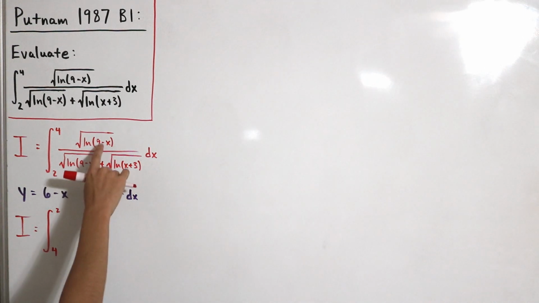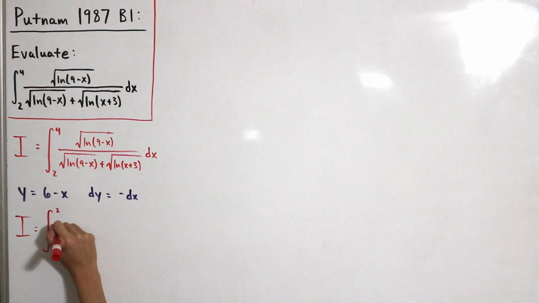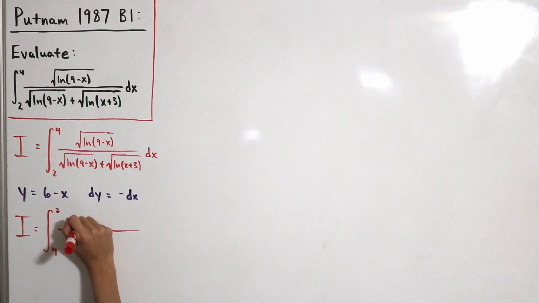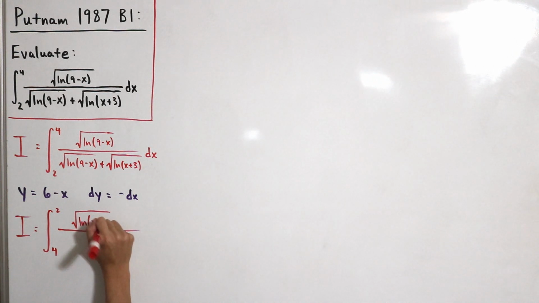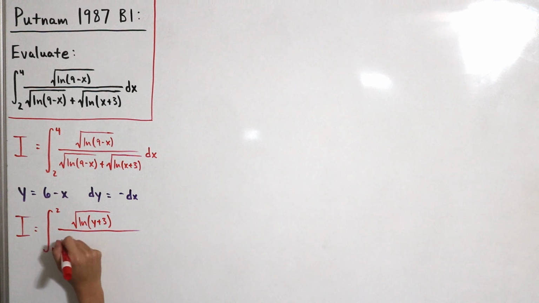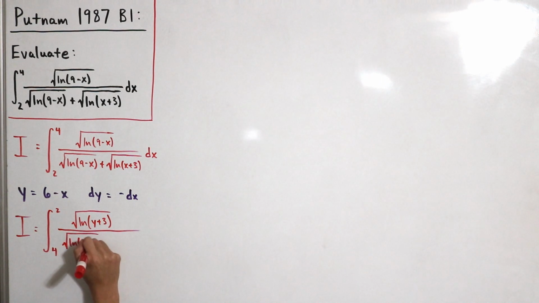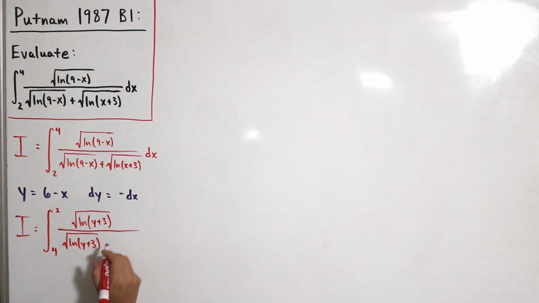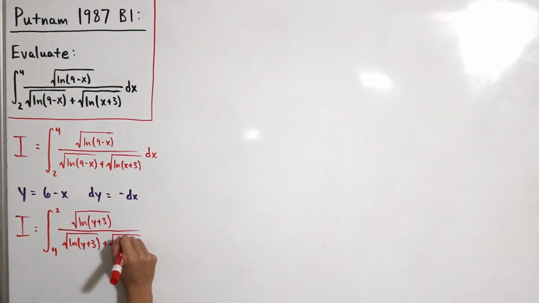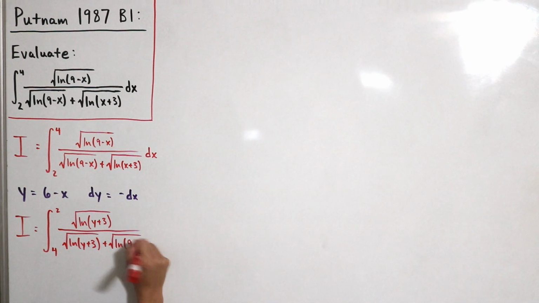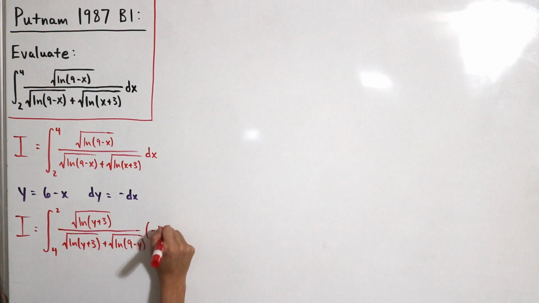Since y is equal to 6 minus x, the new function is the square root of the natural log of y plus 3, divided by the square root of the natural log of y plus 3 plus the square root of the natural log of 9 minus y, multiplied by negative dy.